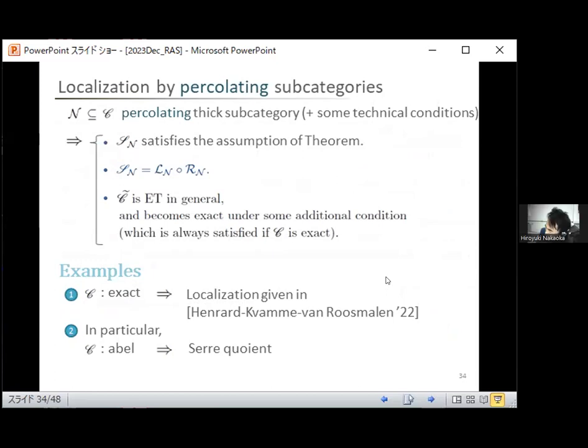Yeah, I'm sorry. If C is triangulated, probably we don't have to take the ideal quotient. In this case, you go directly to the quotient, the next step. Am I right? Yeah. Okay, thank you.